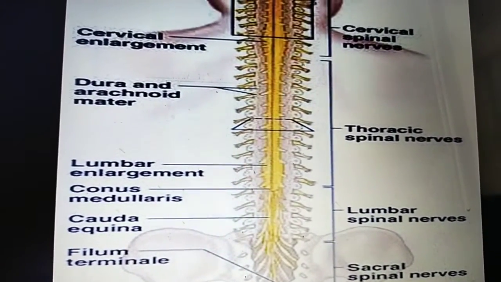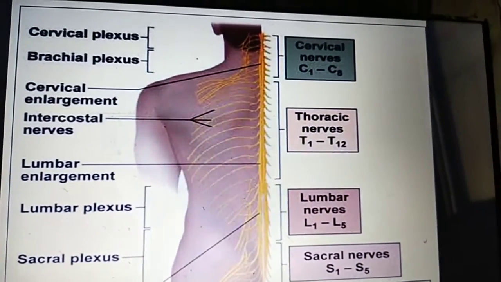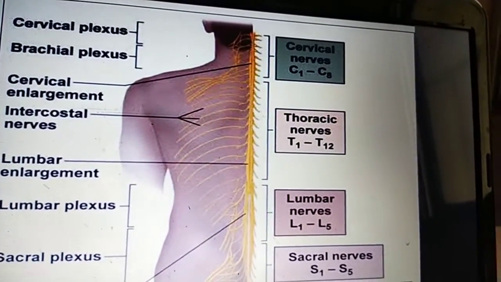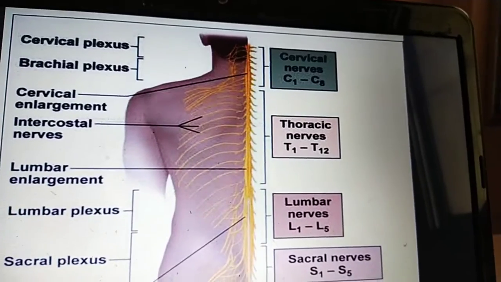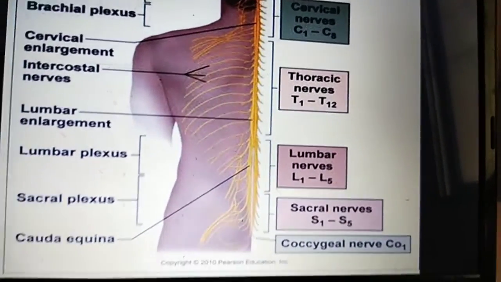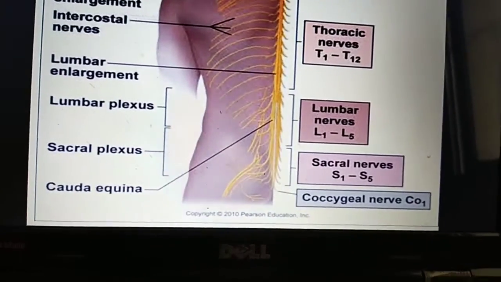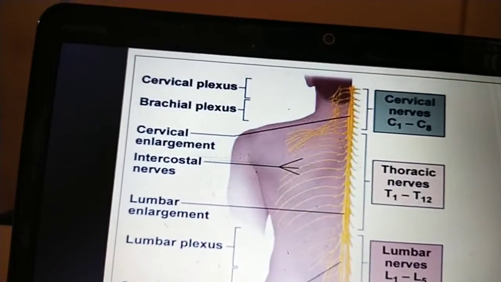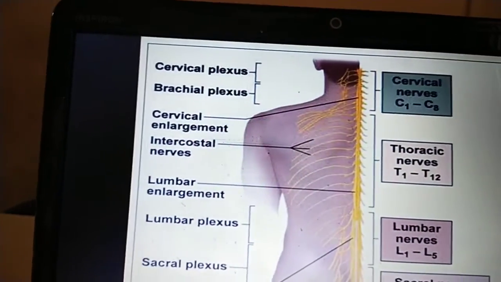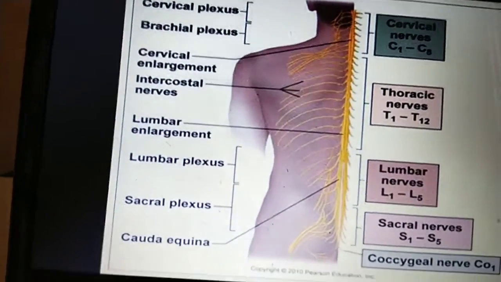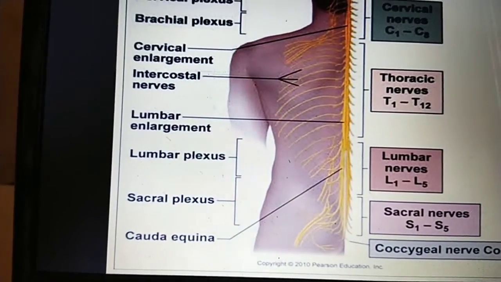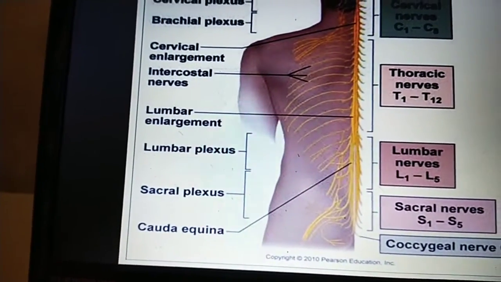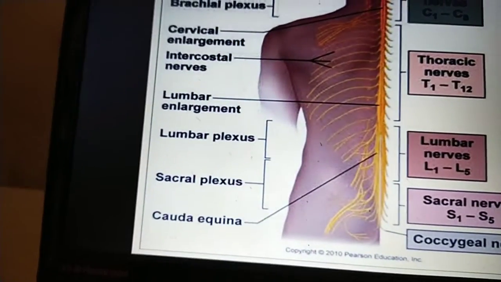You can go to the next slide. Okay, you can see the cervical nerves are C1 to C8, thoracic nerves are T1 to T12, lumbar are L1 to L5, sacral are S1 to S5, and coccygeal is 1. The cervical nerves and cervical enlargement form the cervical plexus and brachial plexus, and the lumbosacral enlargement gives the lumbar plexus and sacral plexus.